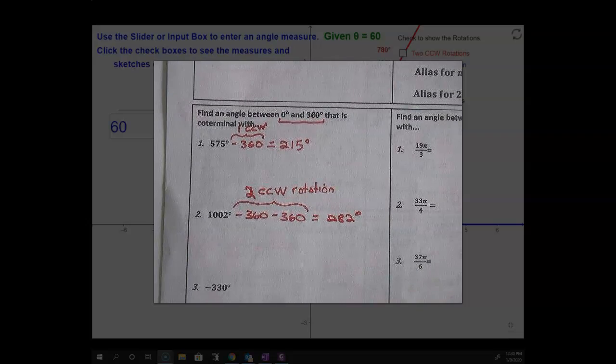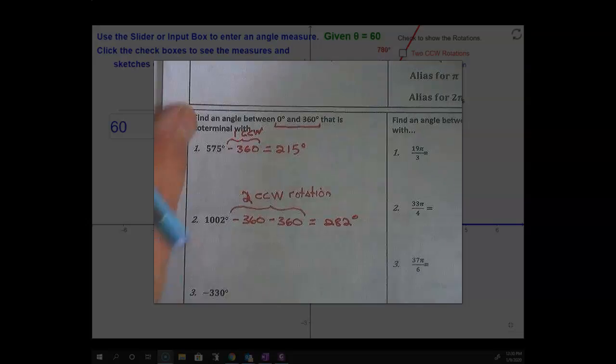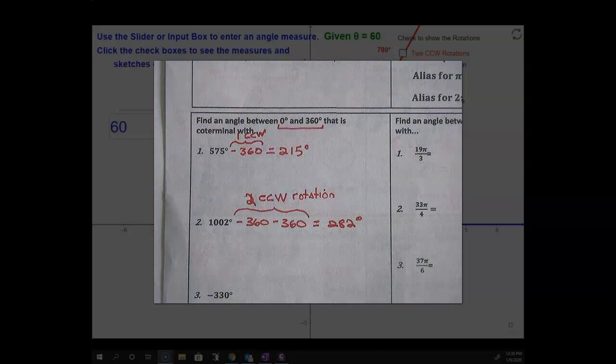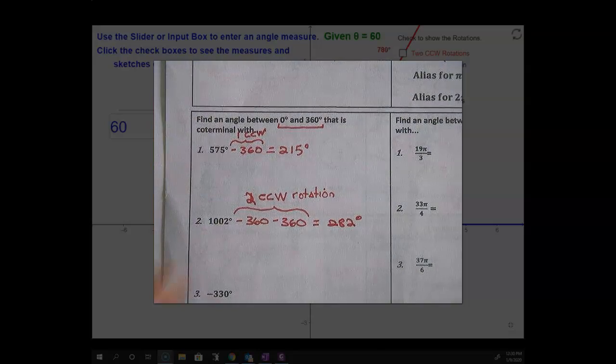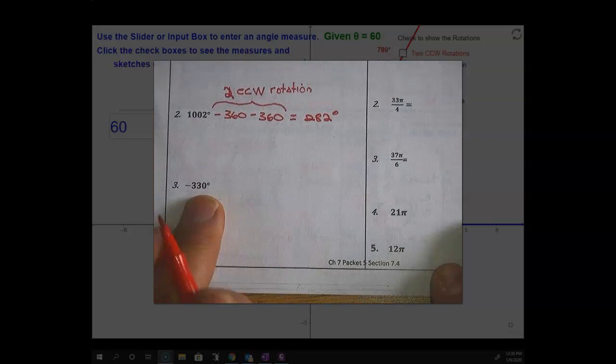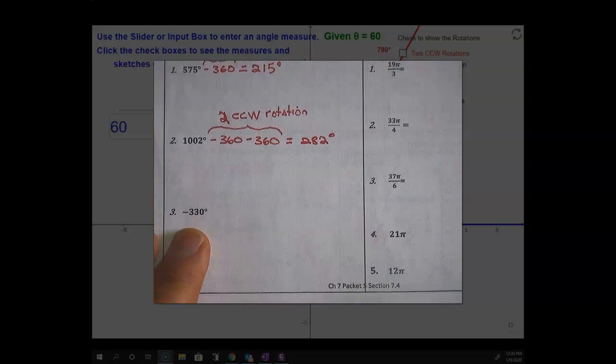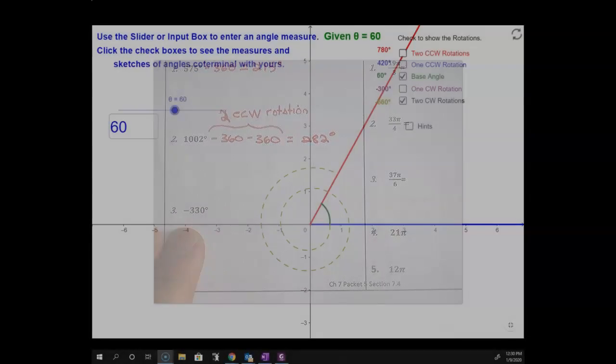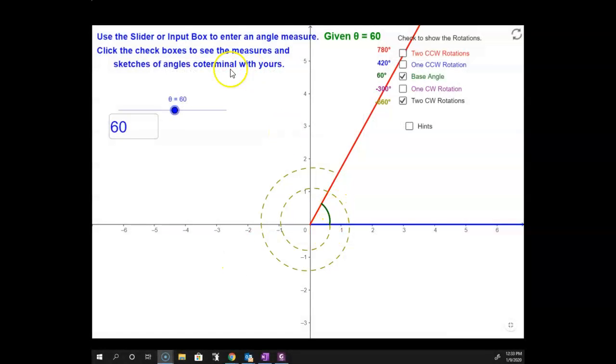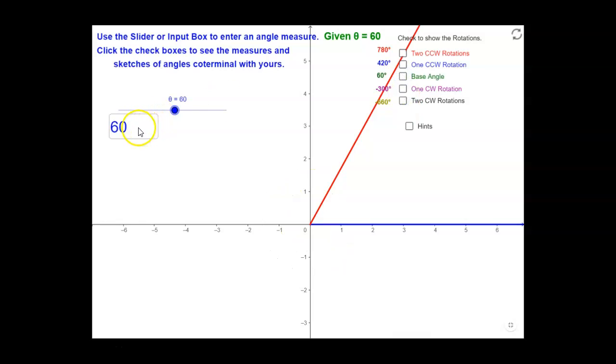Now if an angle's negative to start with, instead of subtracting 360, you're going to add 360. All that means is that when the angle was made, instead of turning to the left, it went clockwise. When an angle is positive, folks, it starts at the blue line and rotates counterclockwise.